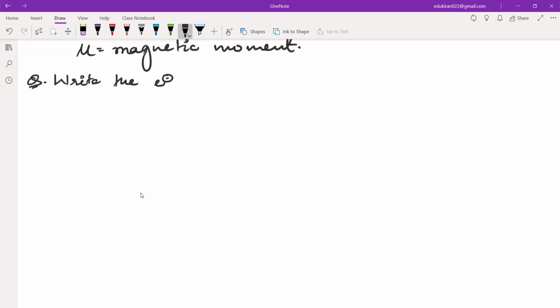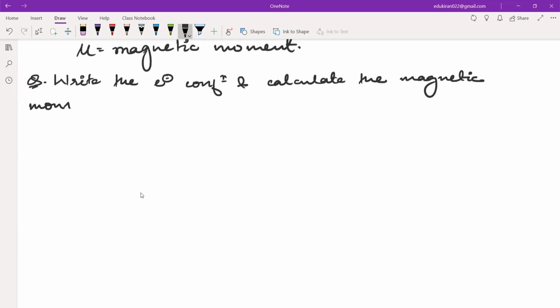Write the electronic configuration and calculate the magnetic moments of the following.